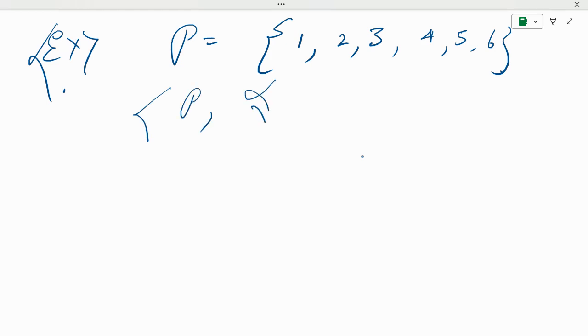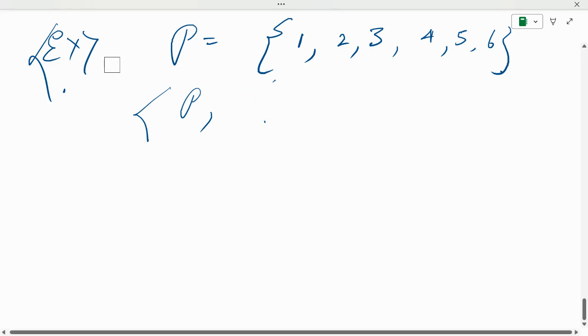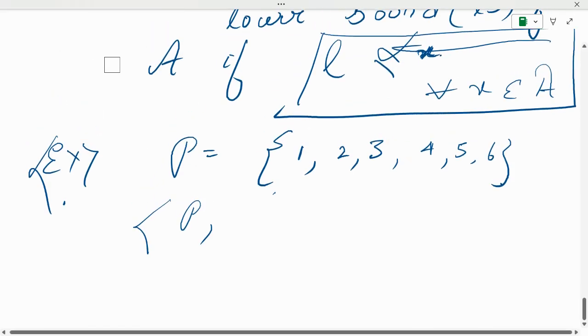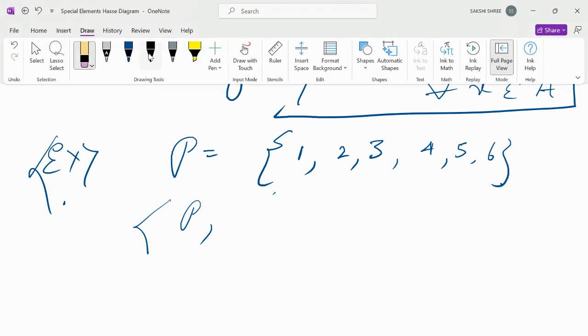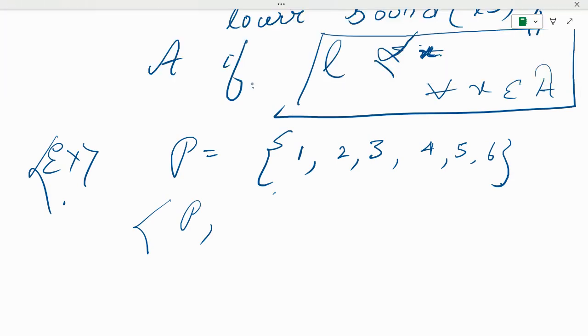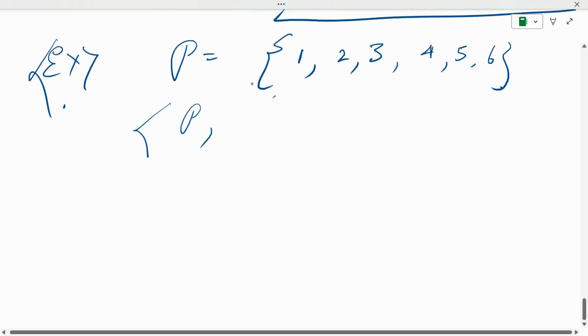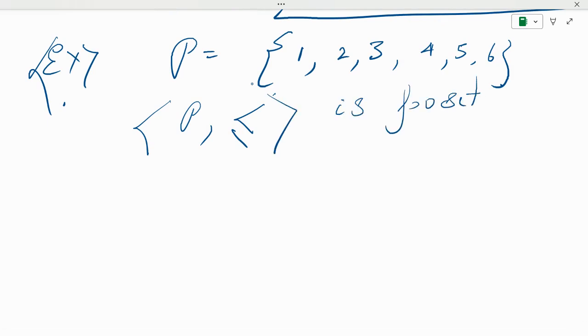Let's define the relation on that. Now here we are defining this less than or equal to, so this is a poset, and we have A equal to {2, 4}.